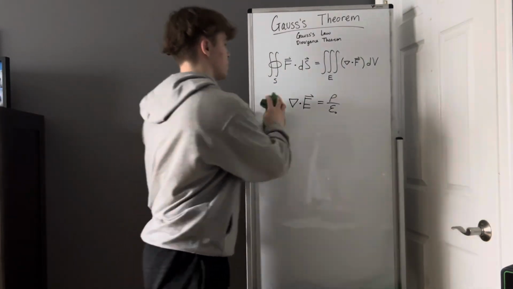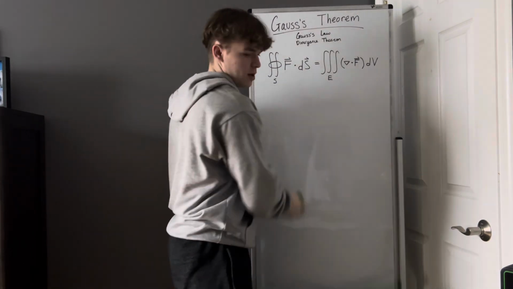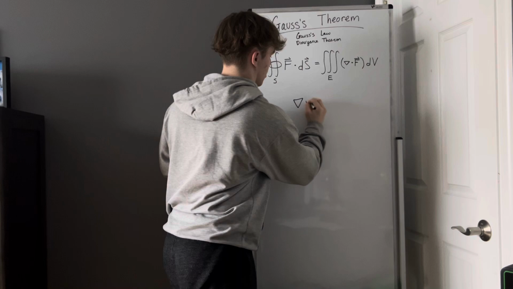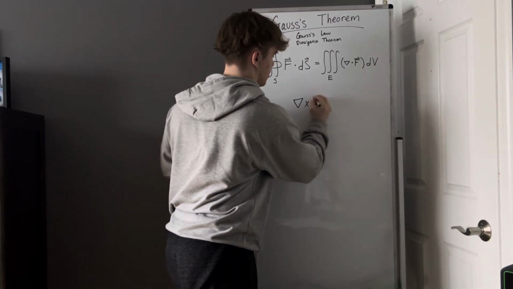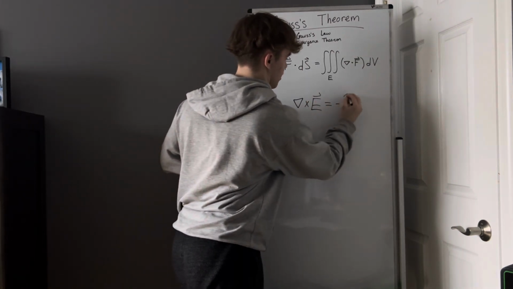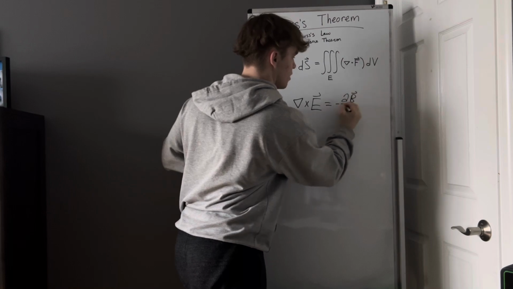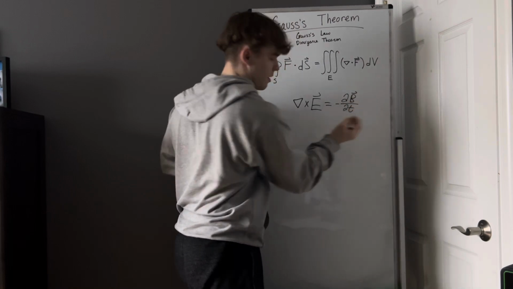Another one of Maxwell's equations would be the curl of an electric field is equal to the negative partial derivative of a magnetic field with respect to time.